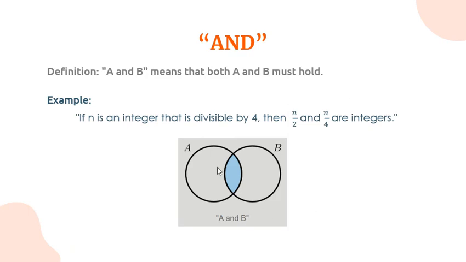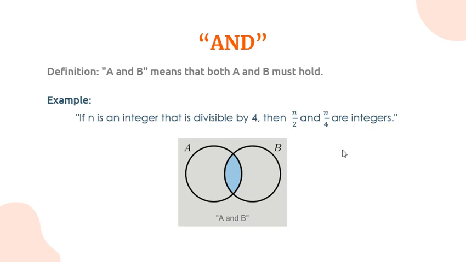So this is the Venn diagram of and connective no. So ang shade is nara sa tunga, so it means both of this one are required in the statement, so that it will be true.